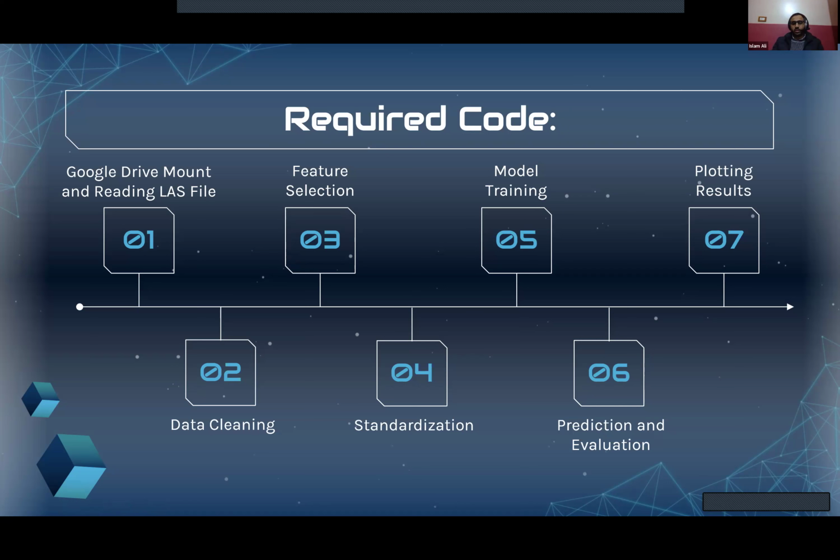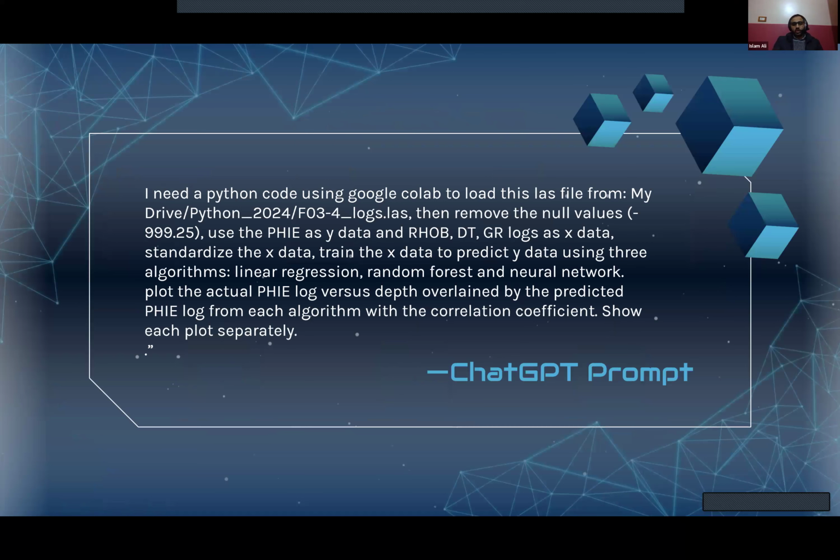But during the last 2 years, with ChatGPT and DeepSeek, this task is a very easy one. So I go to ChatGPT and just write this sentence. First, I need Python code using Google Colab. That's because I prefer to work on Google Colab. We can discuss this later. To load the LAS file from this directory, the directory is on my Google Drive.